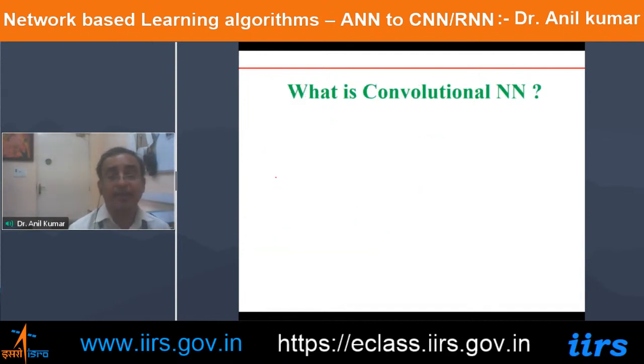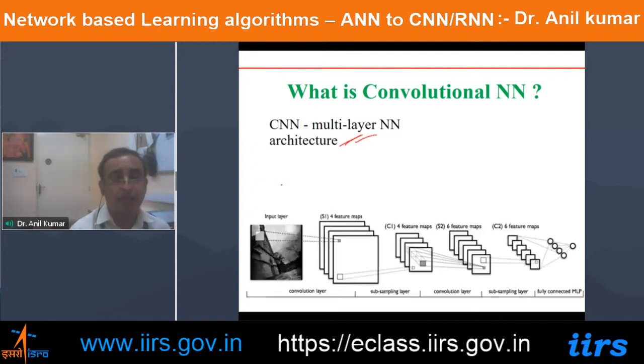So what is a convolutional neural network? CNN is a multi-layer neural network architecture. Again, it is a layer concept, multiple layers you will see. Here this is the input layer or input image, and from this image, suppose 1, 2, 3, 4 feature maps have been generated. That means 4 convolutional filters have been applied.